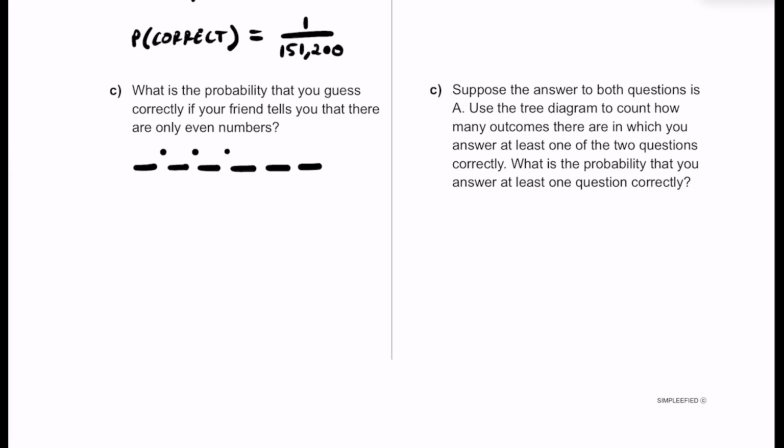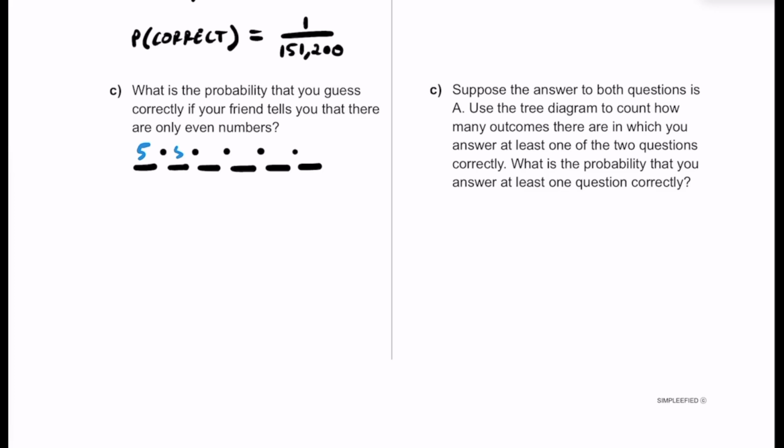But I think it's safe to assume these are new scenarios each time. So if we are choosing only even numbers, it doesn't say anything about repeating or not repeating, so the assumption is that you can repeat numbers. How many even numbers are there between 0 and 9? There's 0, 2, 4, 6, and 8. So there are 5 choices, and you really have 5 choices for the first one.